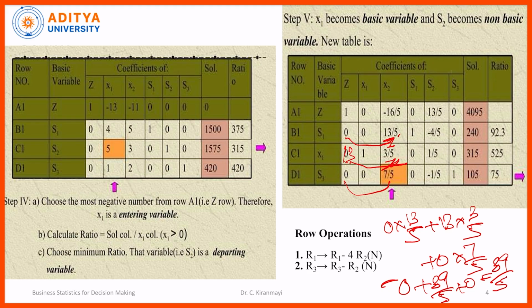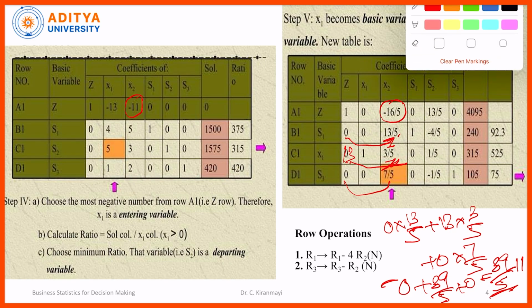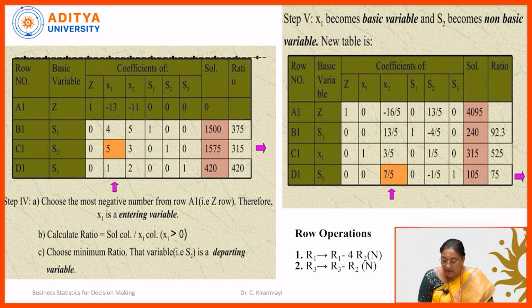From this, the corresponding x2 coefficient is minus 11, so 39 by 5 minus 11 is going to be minus 16 by 5. So, this is how we have to perform it.